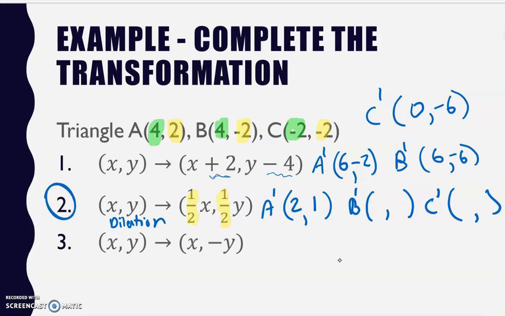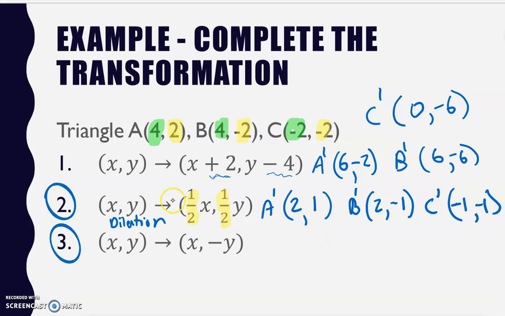On B prime, 4 times 1/2 is 2. Negative 2 times 1/2, negative 1. On C prime, negative 2 times 1/2, negative 1. And negative 2 times 1/2, negative 1. And those are your new prime coordinates of the image. That would be a dilation because you're multiplying X and Y by some scale factor, which in this case is 1/2.